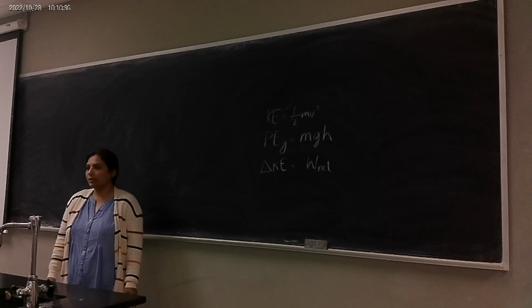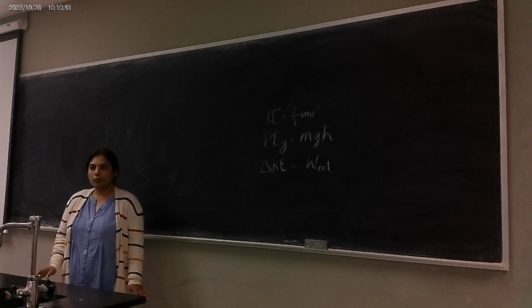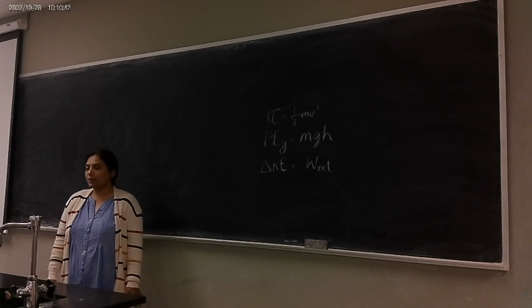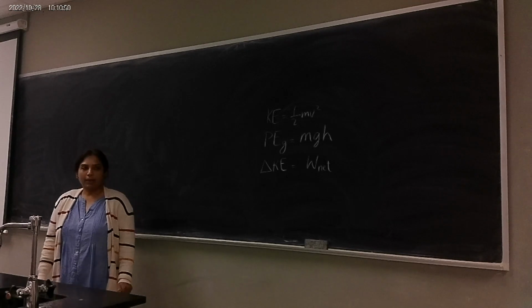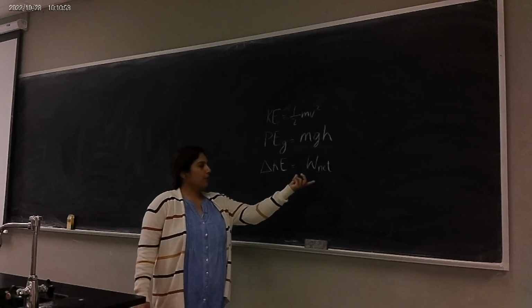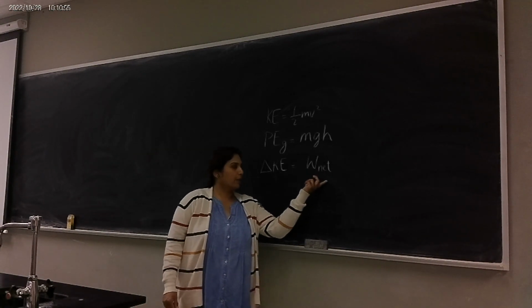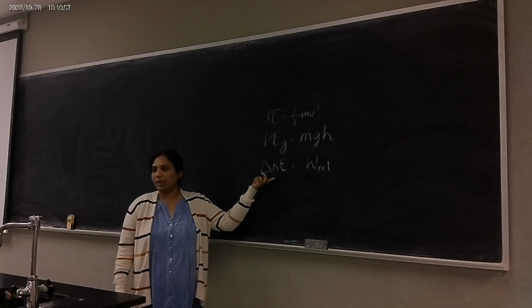What is it called? It's a theorem, and that's what we will use all the time solving problems. The work-energy theorem. That means whatever the net work done on the object is equal to the change in kinetic energy.